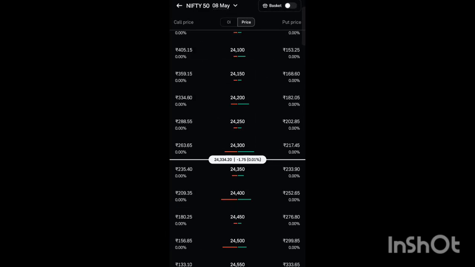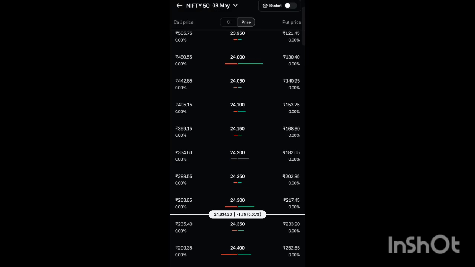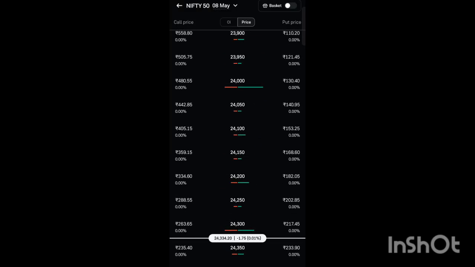Next thing, you can also watch Nifty too. If you go to 24,000, just look at the first strike price. There is a huge amount of option data, or OI data, on the 24,000 put for the last 08 May expiry.